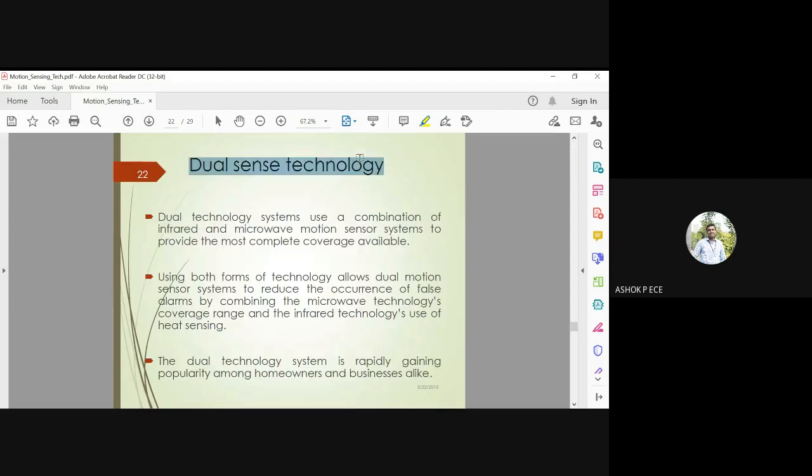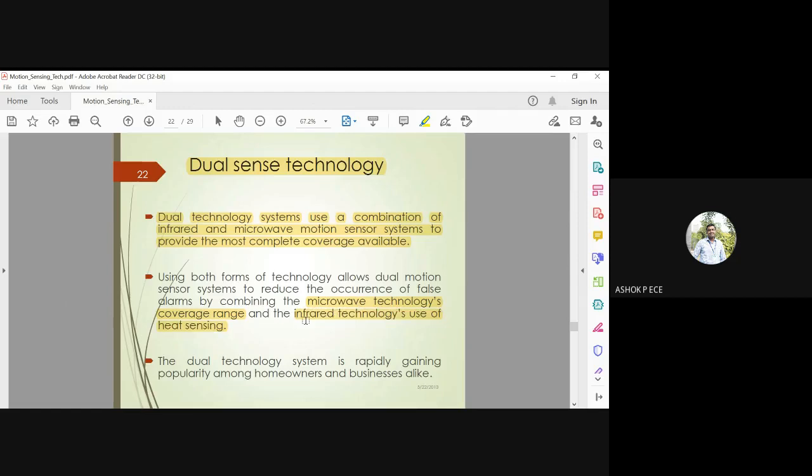So we have seen three independent technologies for motion sensing: IR, ultrasonic, and microwave. But you can use two at a time. Dual technology means I'm going to use a combination of IR and microwave for providing the most complete coverage available. Using both technologies allows the dual motion sensor system to reduce the occurrence of false alarms. Microwave technology has very good coverage, and infrared technology has very good heat sensing capability.